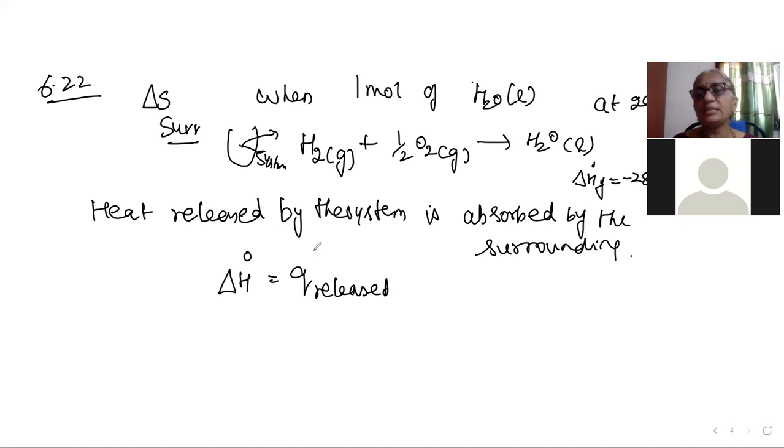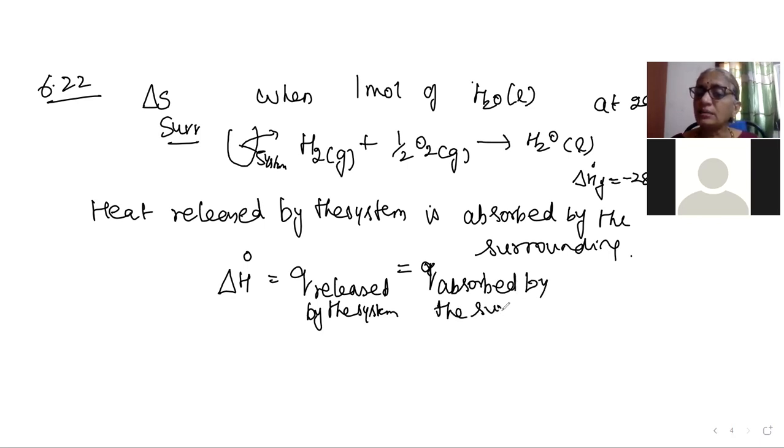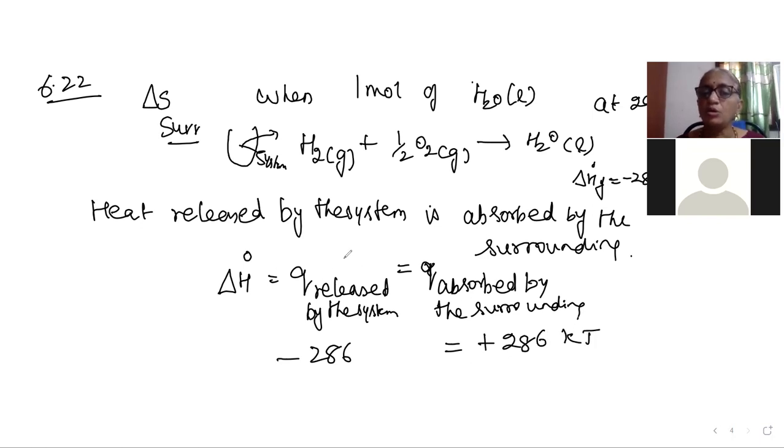Q is a symbol for heat. Q released by the system is equal to Q absorbed by the surrounding. But we have to reverse the sign, isn't it? So released means minus sign you have to include for the system. But for the surrounding, the same value, you will attach a plus sign, 286 kilojoules. Right? Now Q you have.